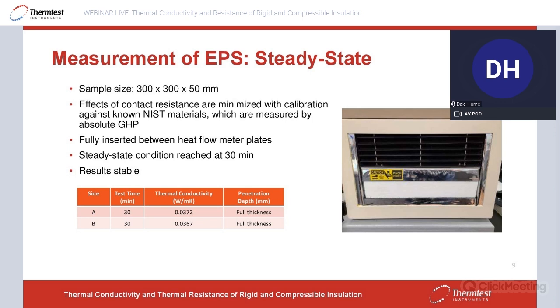An important detail to point out is this is a calibrated, comparative method. NIST offers a variety of materials, and the standards refer to the reference material you're going to use being of a similar density and nature, such that the contact resistance is being minimized through that calibration approach. And that was done for this data.